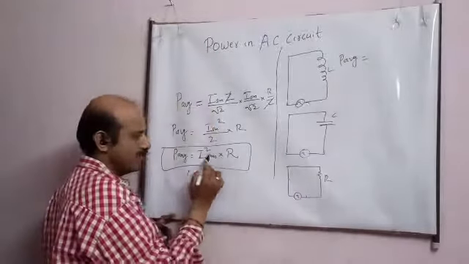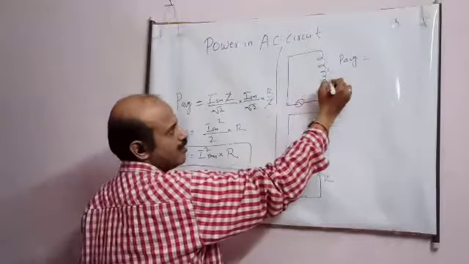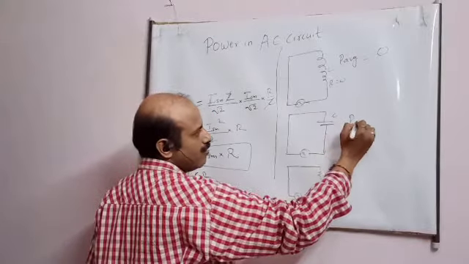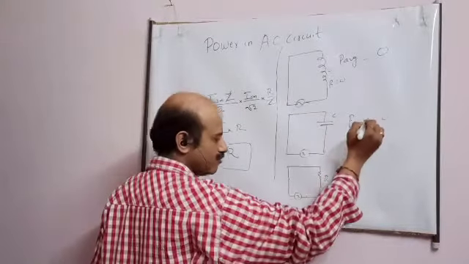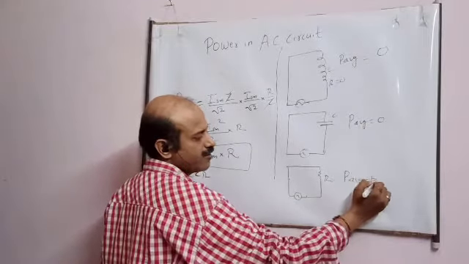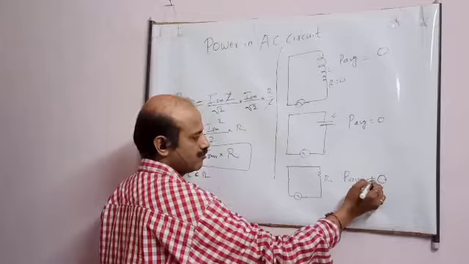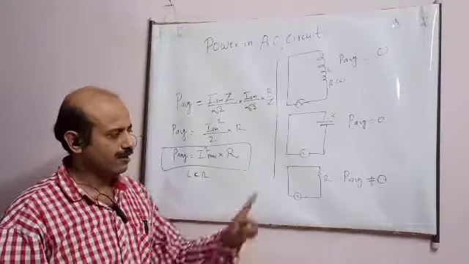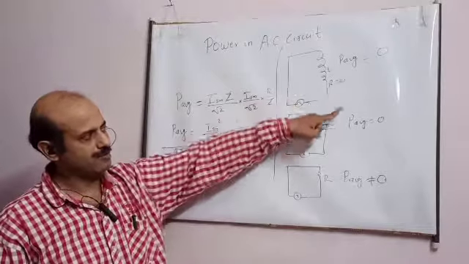You see the formula is this. So R is 0 here. So P average is 0. Similarly here also P average is 0. But here P average is not equal to 0. How much exactly will come later on, okay? Here not 0, but here average powers are 0.